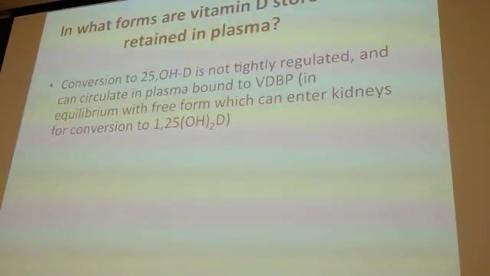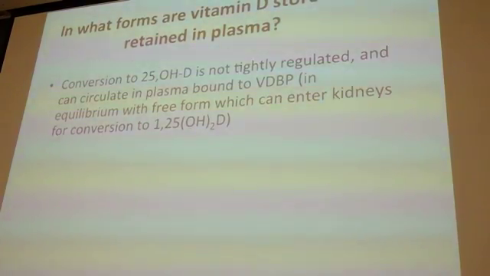Okay, so in what forms is vitamin D stored and retained in the plasma? The first step, the conversion to 25-hydroxy vitamin D, is not highly regulated. It just correlates with the amount of vitamin D in the body. So this is readily converted in the liver and circulates in complex with vitamin D binding protein, in equilibrium with the free form.